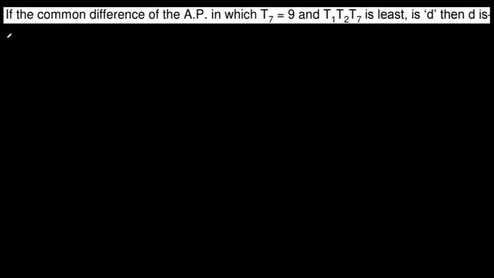If the common difference of the AP, in which T7 is 9, is D. T7 is 9, T6 will be 9 minus D, T5 will be 9 minus 2D.